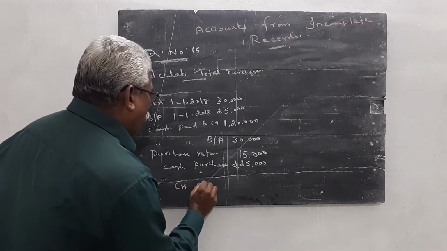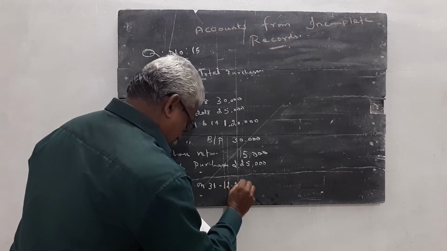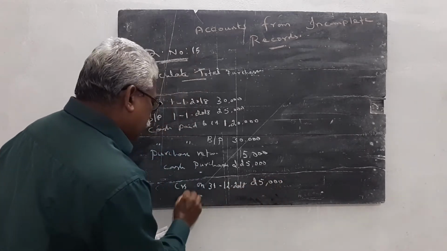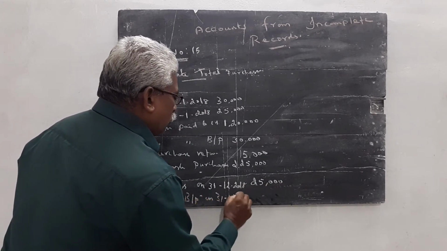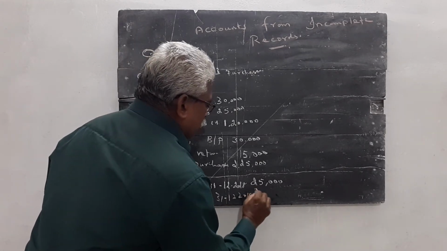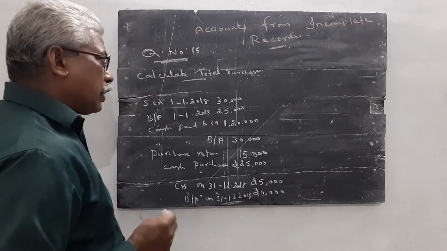Creditors on 31/12/2018 25,000. Bills payable on 31/12/2018 20,000. These are all the information given in the question.